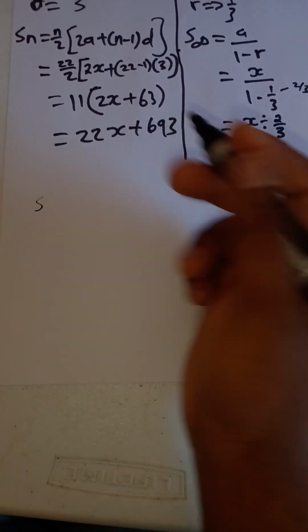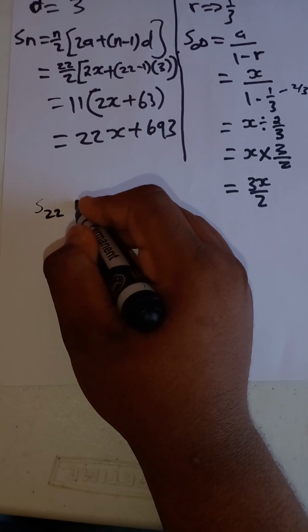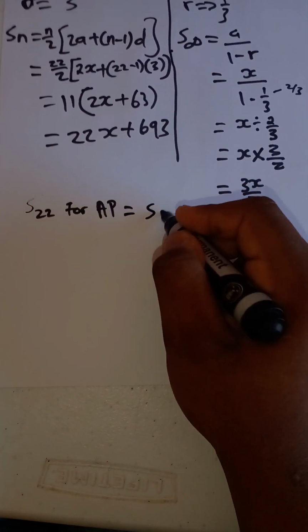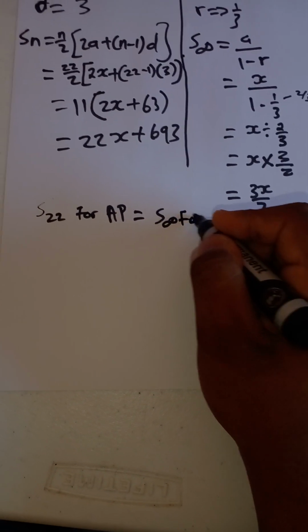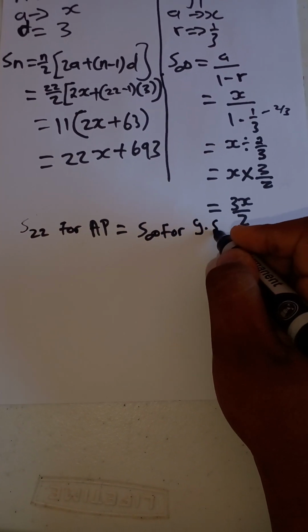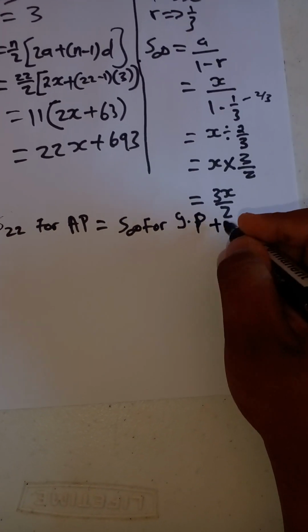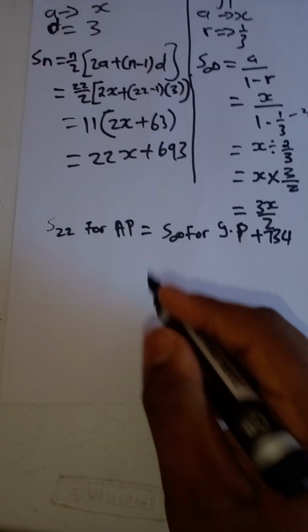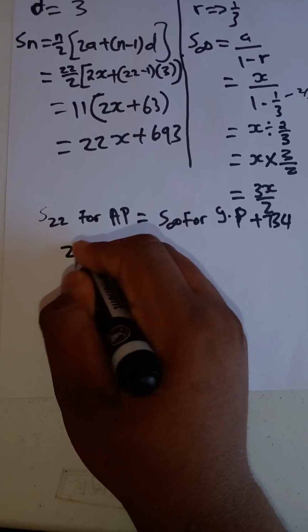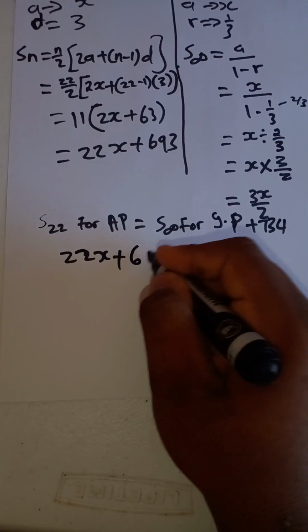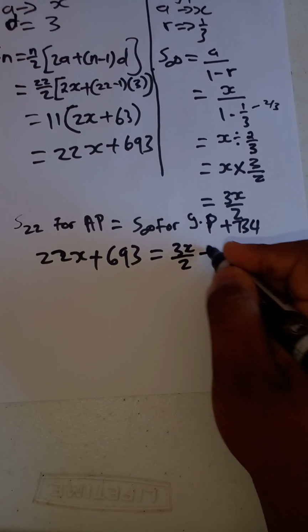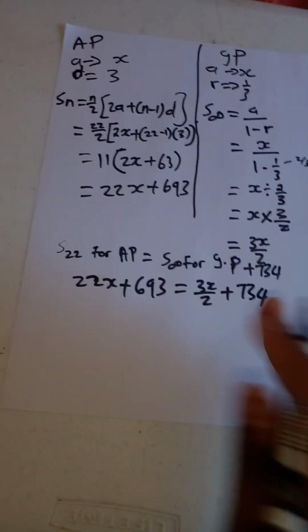Okay, so now this one, the first 22 terms for the arithmetic pattern, is equal to the sum to infinity for the geometric sequence plus 734 that I was told, right? And then now this is what we have: 22x plus 693 is equal to 3x over 2 plus 734.